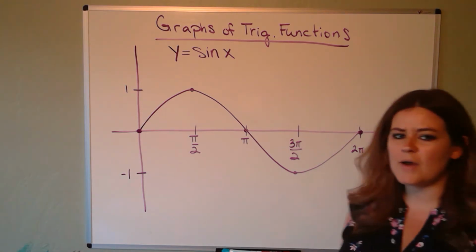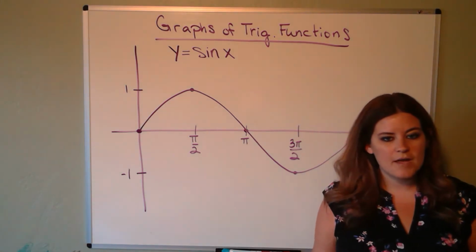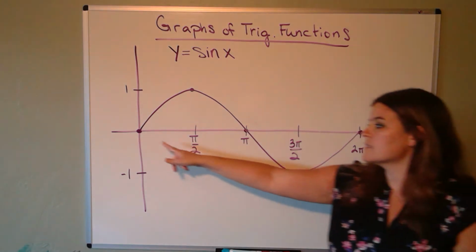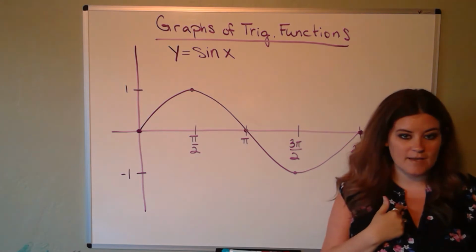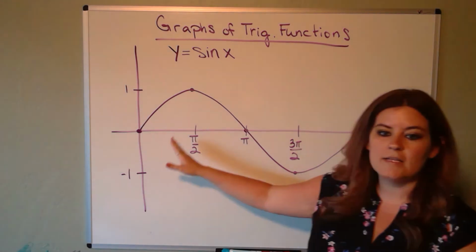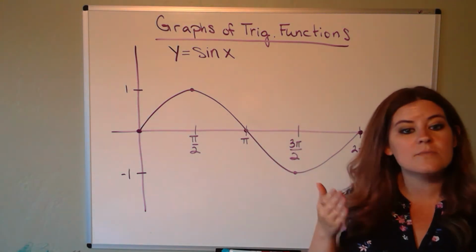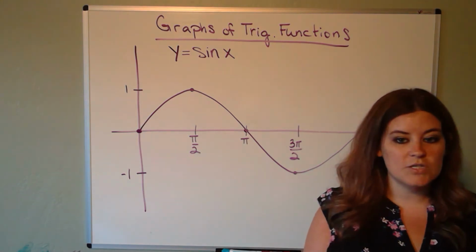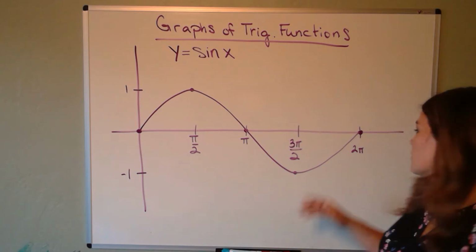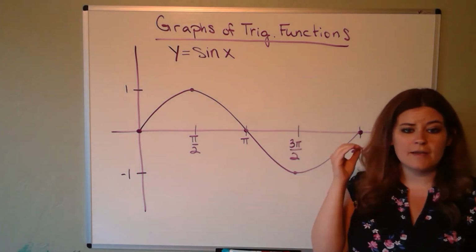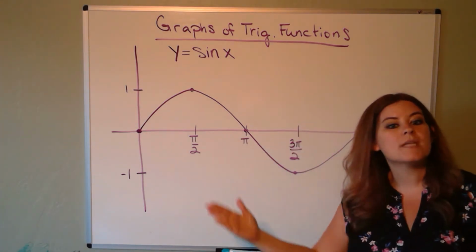Now, here's the thing about waves. They don't actually stop at a certain point. This one starts at 0 and stops at 2 pi because I chose that. I just wanted to show you one full rotation. But what if I went around again? So I went all the way around, I got back to 2 pi, and then I started rotating again.